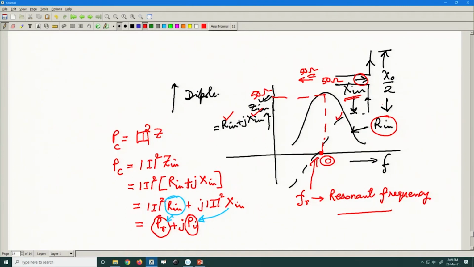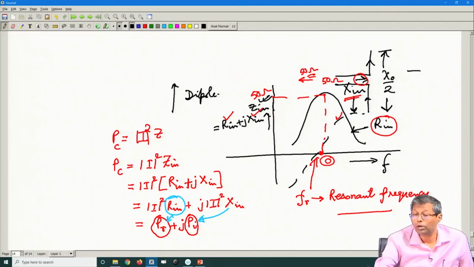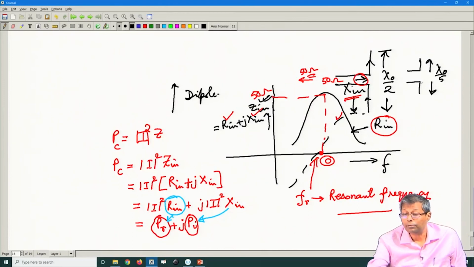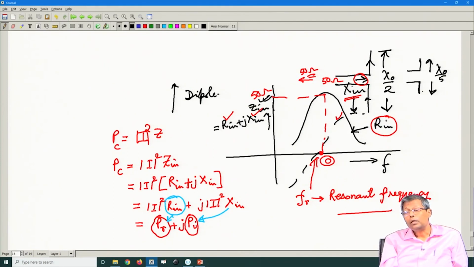Now, suppose we want to reduce the size of this antenna, suppose we want to make the antenna small, let us say we want an antenna which is lambda 0 by 5. So, an antenna which is lambda 0 by 5 in length should be giving me a decent radiated power, or should be resonant.